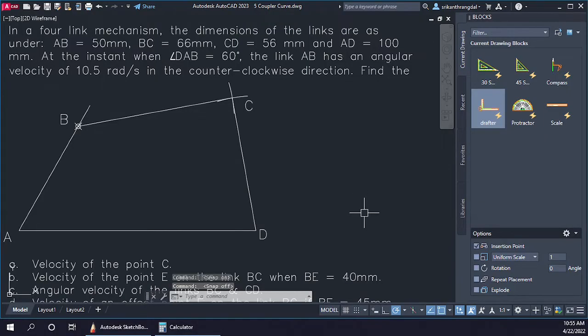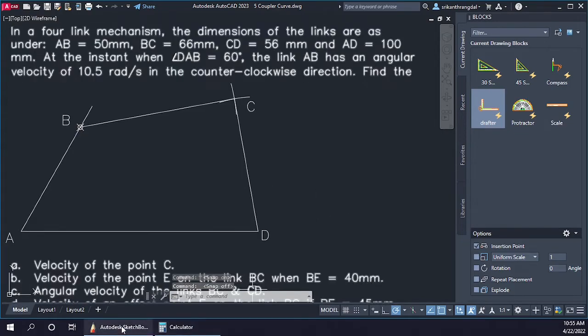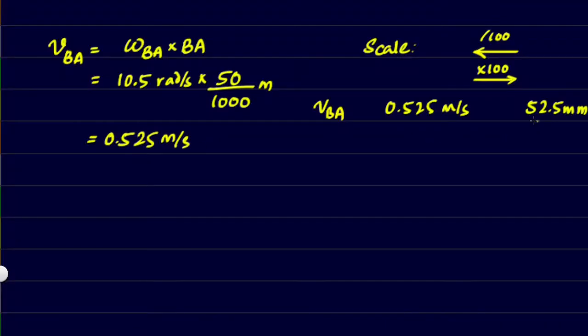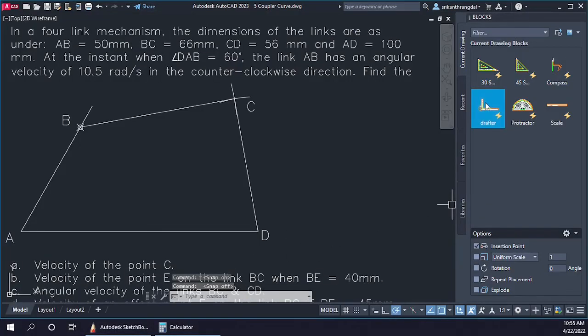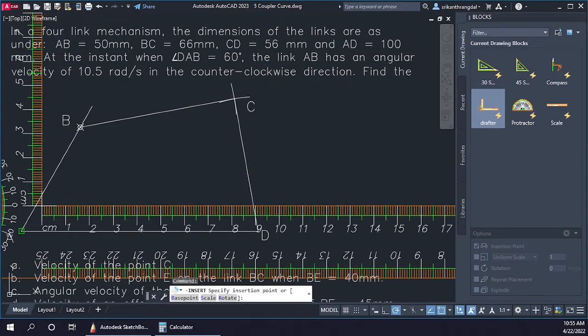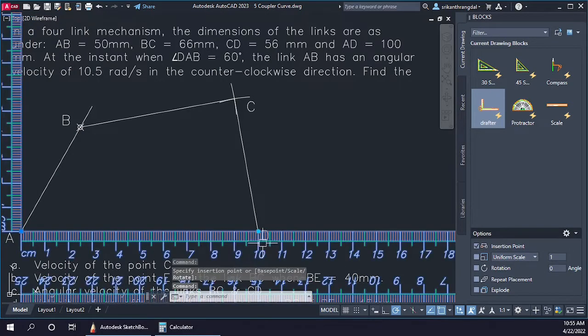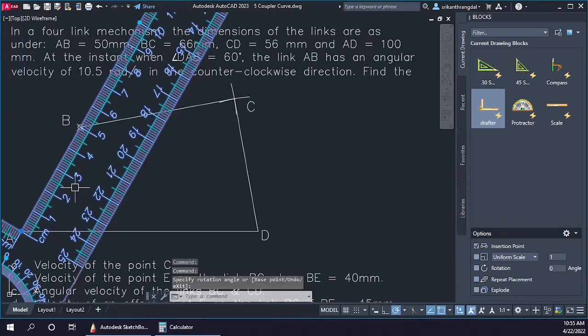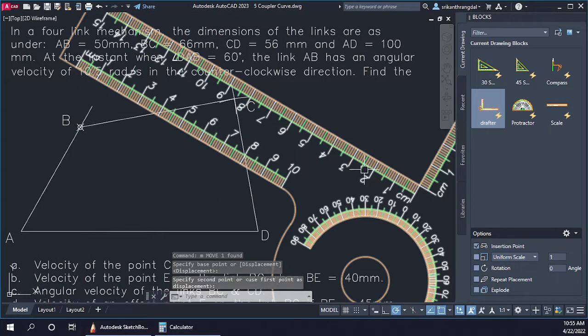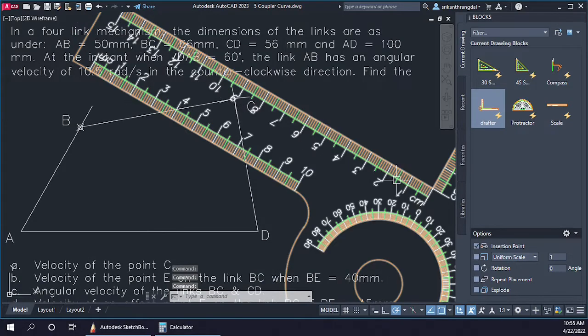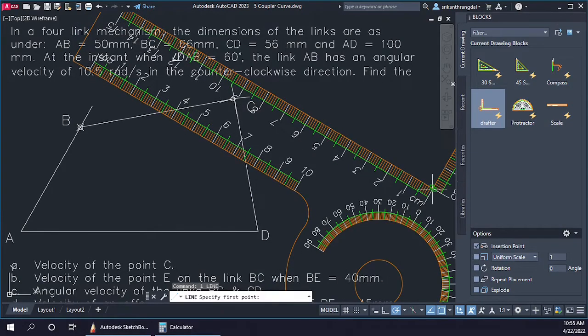Okay, at this point we can go ahead and start making the velocity diagrams. You can see we have calculated the velocity. We'll be drawing 52.5, and its direction needs to be perpendicular to the length AB. So let us take our drafter, keep it parallel to AB, and we need to take the other edge, and the other edge means this edge, and we need to draw that length.